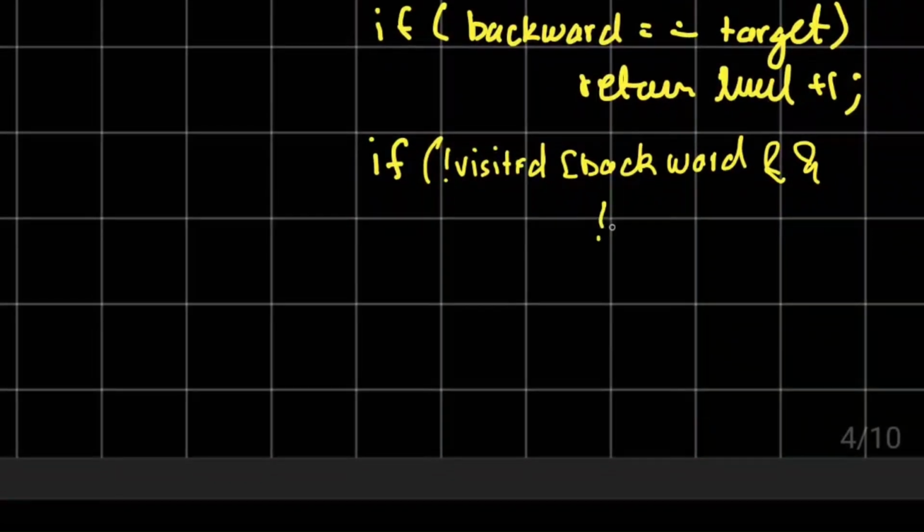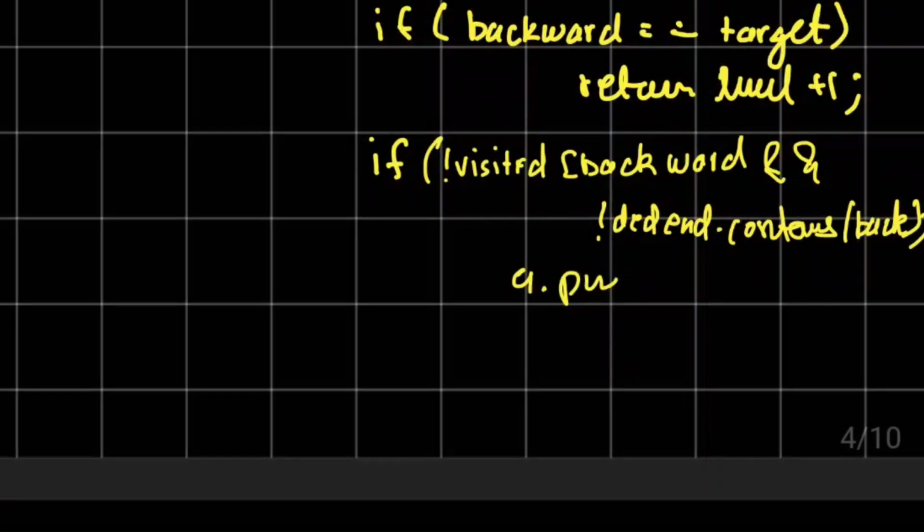So is not dead end dot contains our backward. So we will say backward, and if it is not, then we will queue dot push our backward state. So that will be backward comma level plus 1.